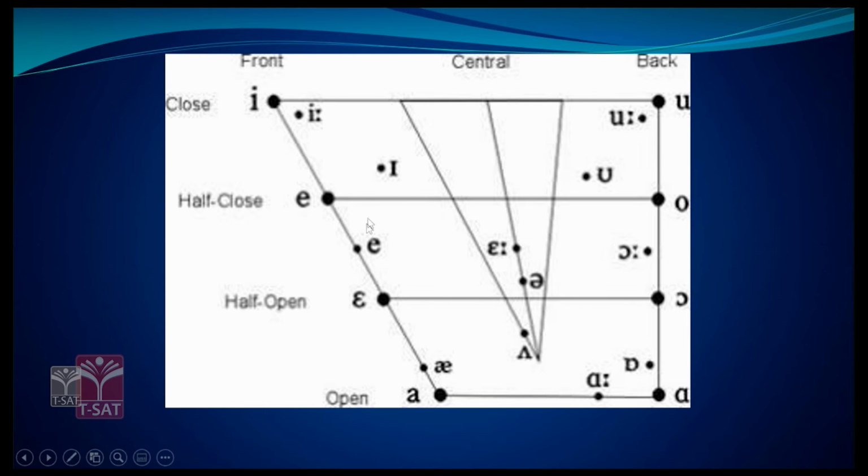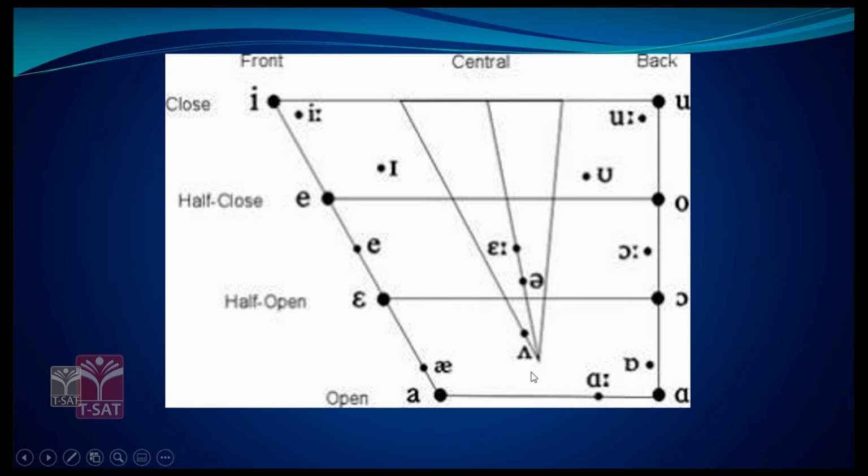If you see the diagram, these are the 12 pure vowels. So these are considered the front vowels. That means during the production of these vowel sounds, the front part of the tongue is involved. And these are considered back vowels, meaning the back part of the tongue is involved.